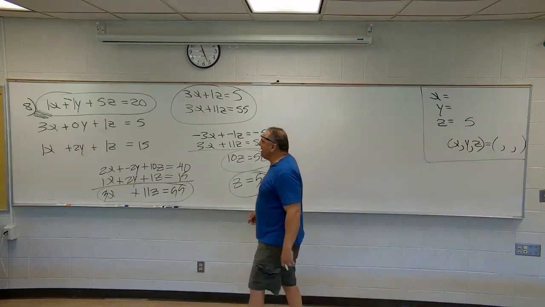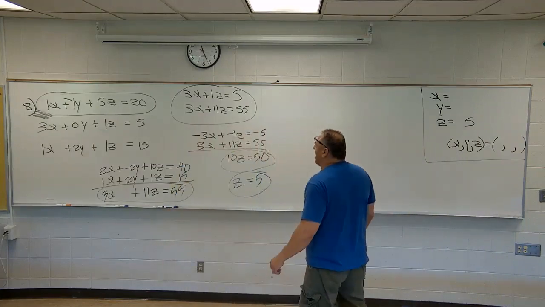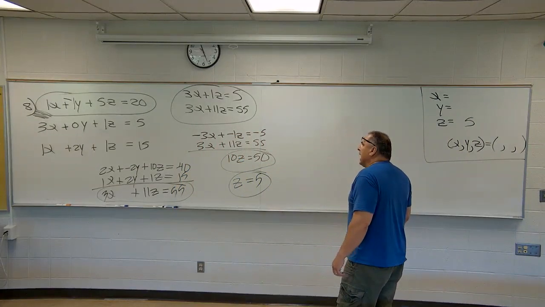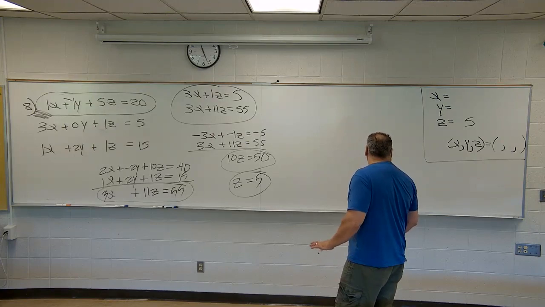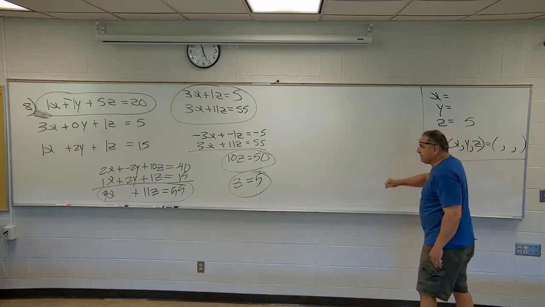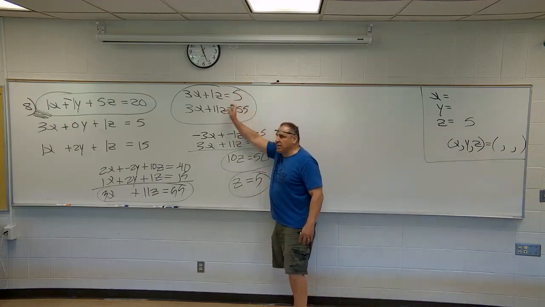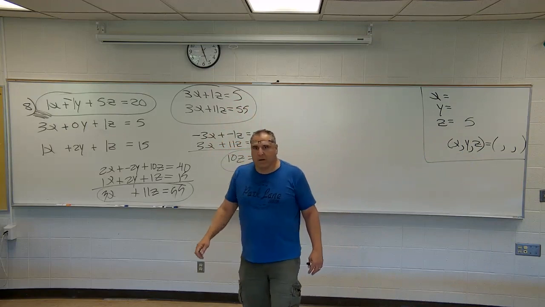For these two, like I said, we eliminated as much as we can, and we figured out what was going on. There's a lot of mathematics here. So we said z is 5. If z is equal to 5, what do you say you come up to one of these two equations?